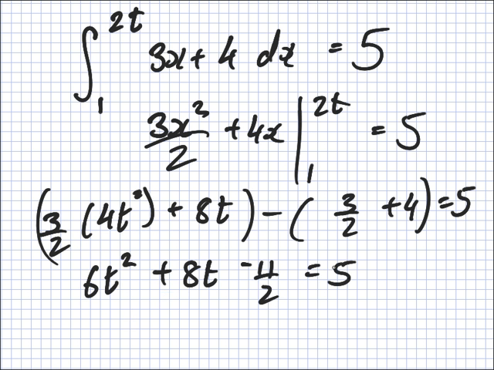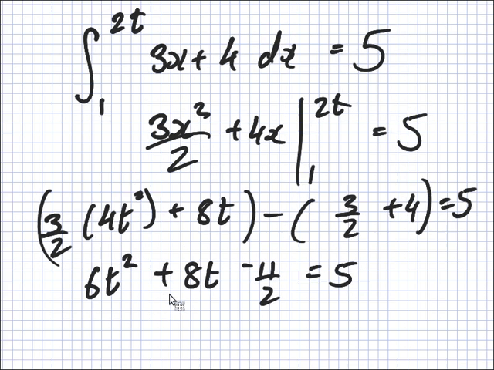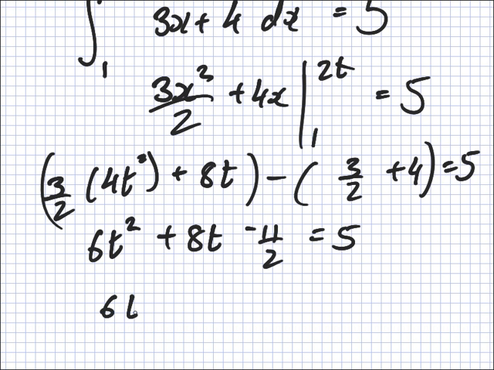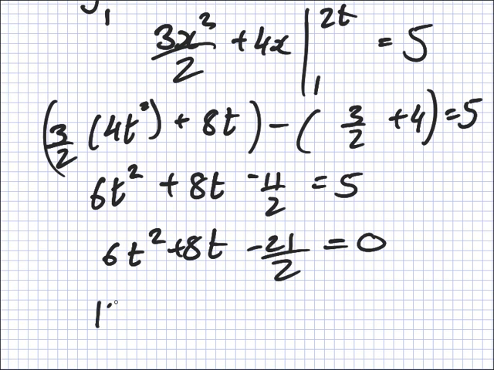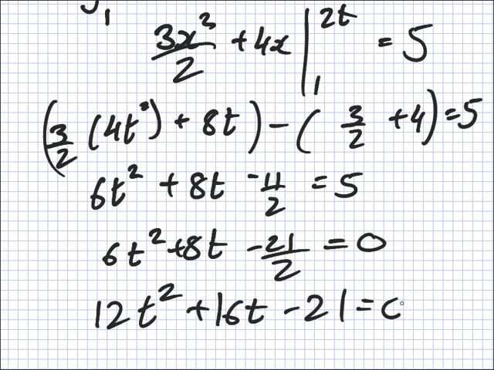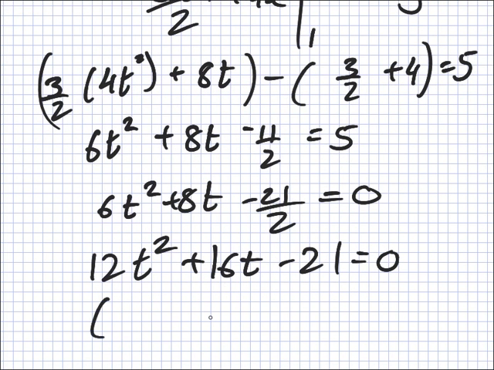I shall bring the 5 to the right. So minus 11 over 2 minus 5 is minus 21 over 2, equals 0. I'll multiply by 2. There's no simplifying I can do here, is there? Can I factorize? Does it have factors?